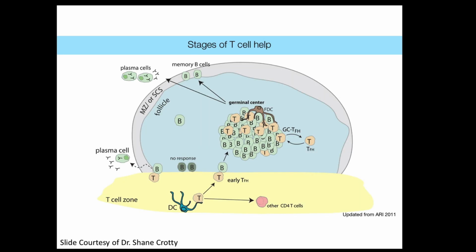And you can see this is sort of another view of that here as well. So here's the T cell getting activated. The B cell sort of gets activated to start with. The B cell then comes to this junction point with the T follicular helper.